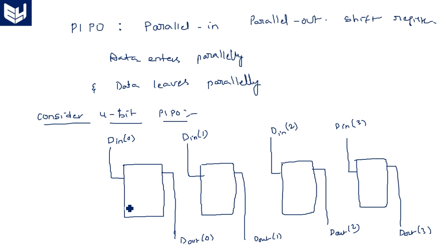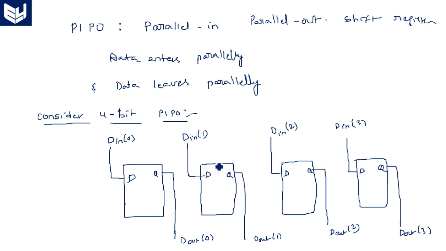And what is the relation between them? Now if you look at these flip-flops, this is D, this is Q: DQ, DQ, DQ. At this stage, we can understand that all the flip-flops are working individually. They are taking the data and just passing it to the output. There is no relation among these flip-flops.